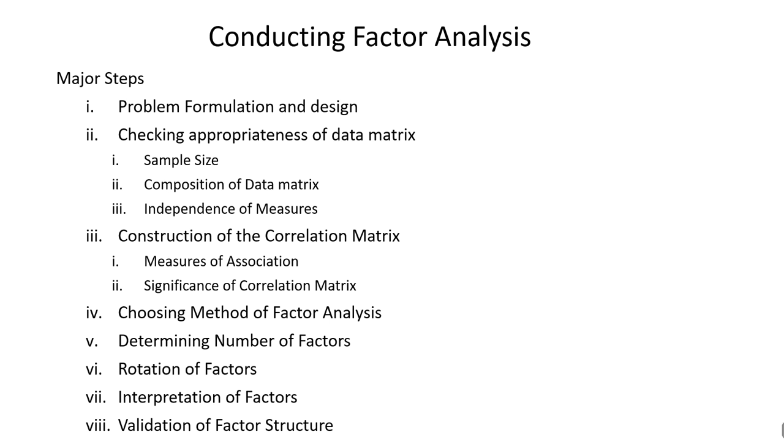So construction of the correlation matrix is the next step, and in this I will discuss two things. One, what measures of association and relationship should be used, because correlation or product moment correlation is one method. There are other methods also I will discuss.